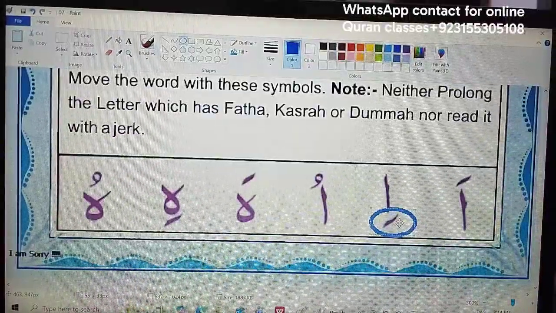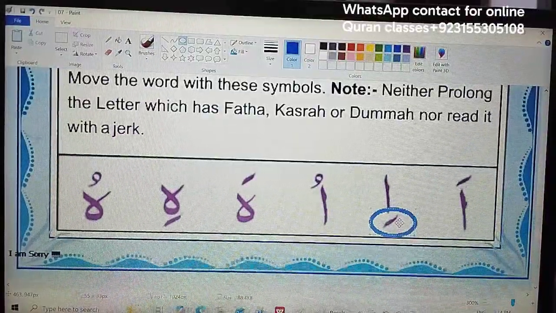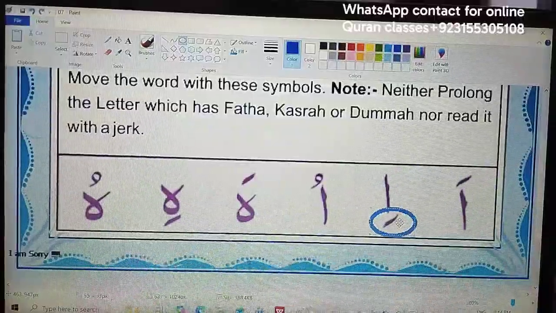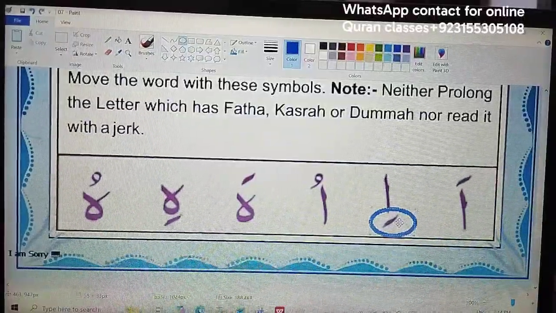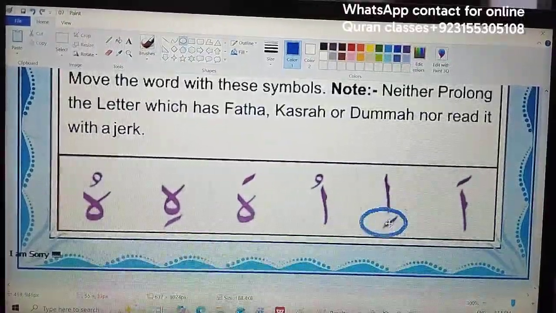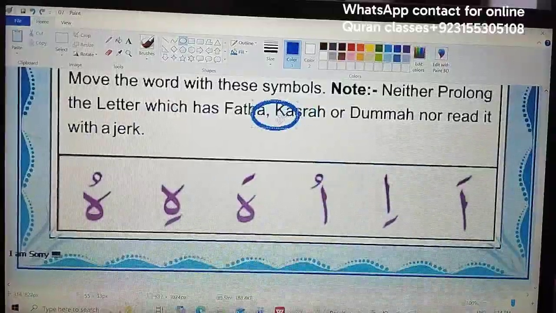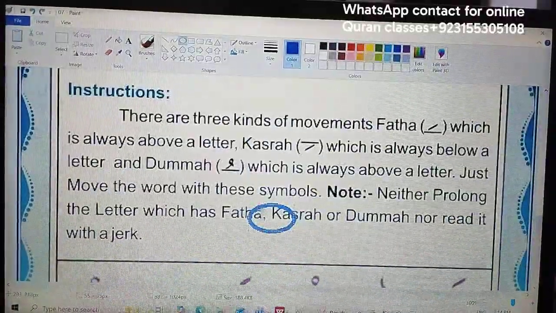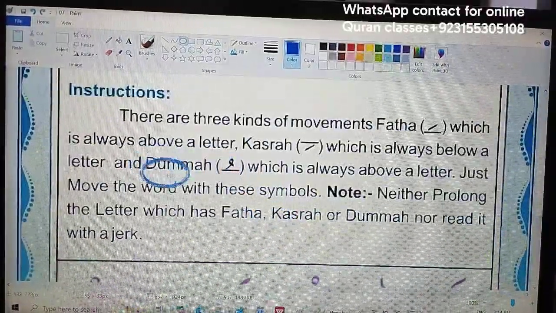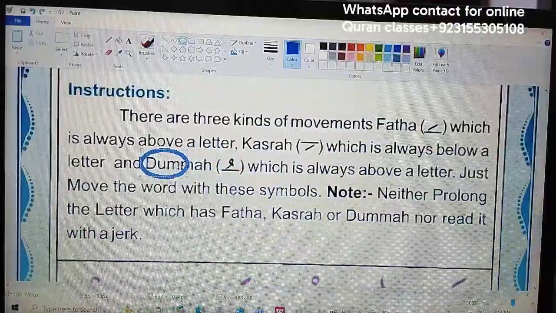Understand? So this is the difference between kasra and fatha. Kasra and fatha are two kinds of movements. There are three kinds of movement. The third one is dhamma.